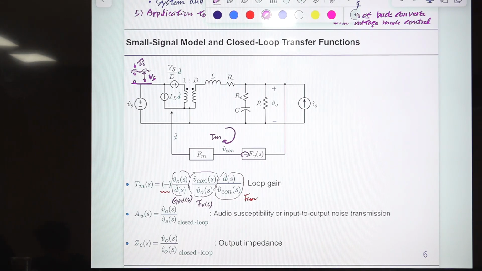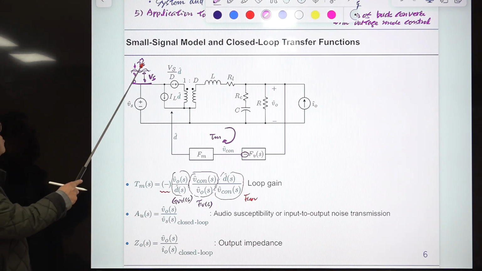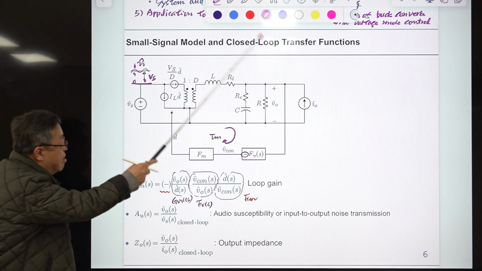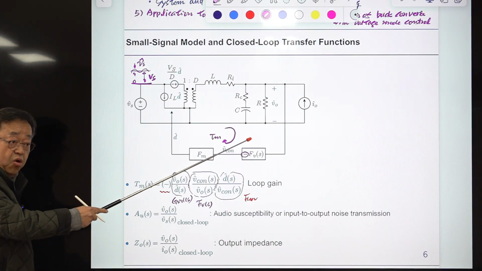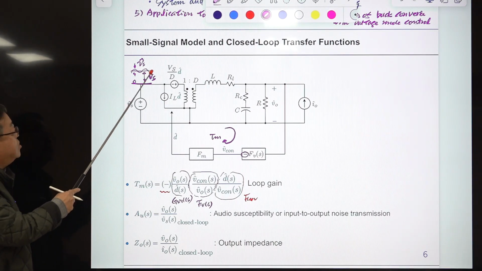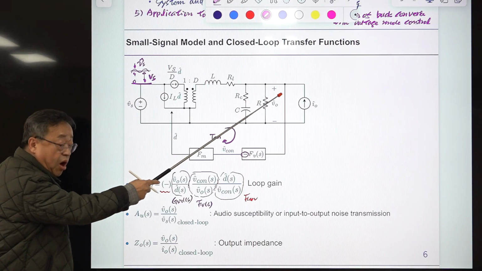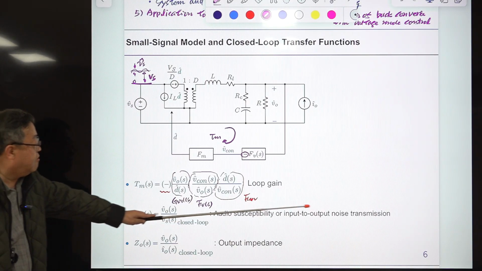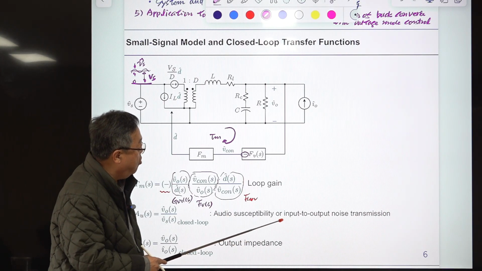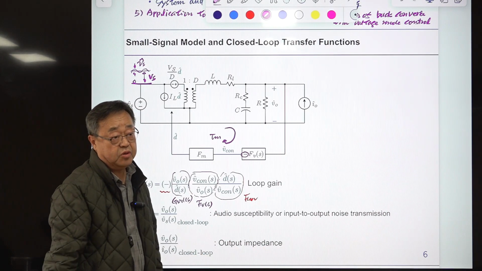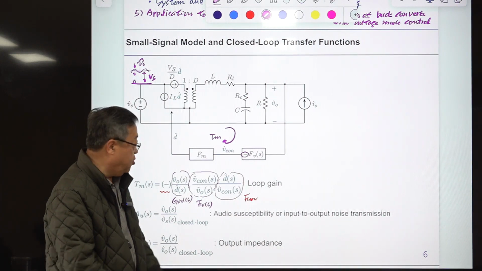So this specifies how much this noise voltage is attenuated here, or how this input noise is transmitted to the output voltage. In terms of functionality, it is better to call it input to output noise transmission, right?